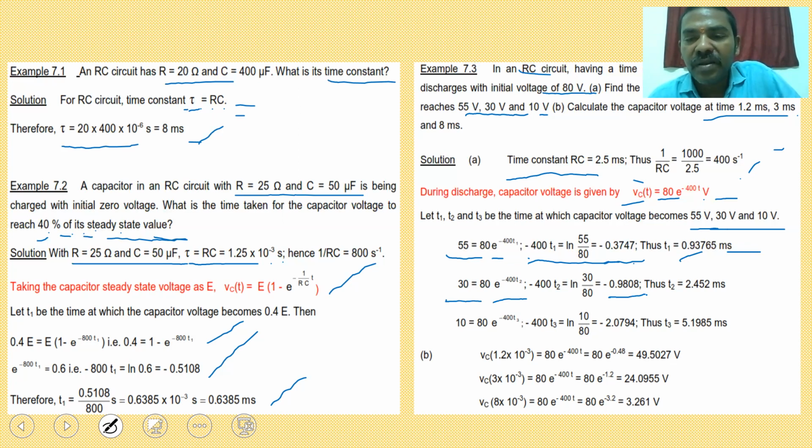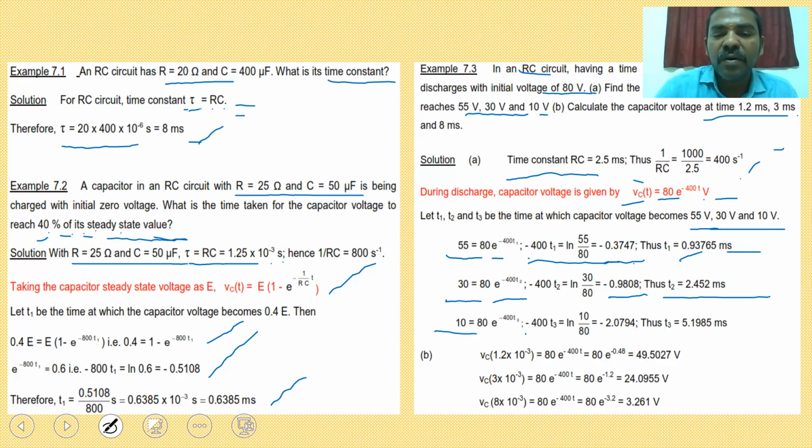Then T2 is equal to minus 0.9808 divided by minus 400. So T2 is equal to 2.452 milliseconds.